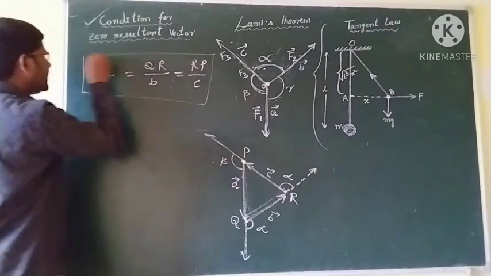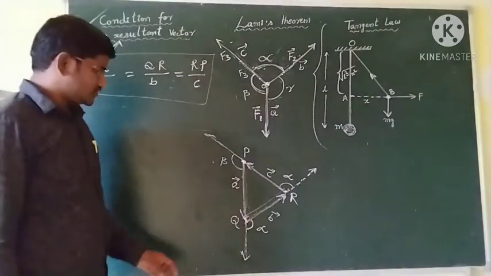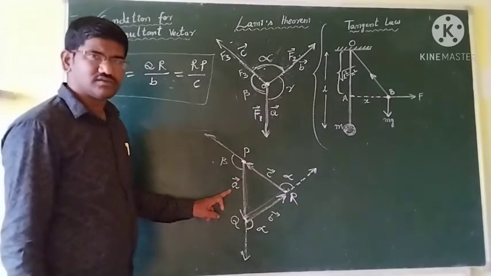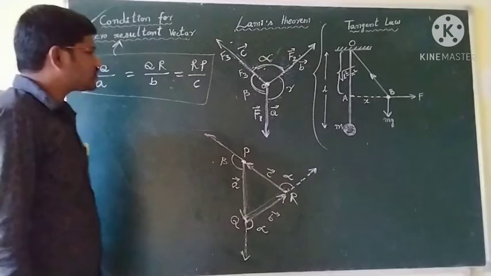So the length of the side of the triangle divided by the vector remains constant.